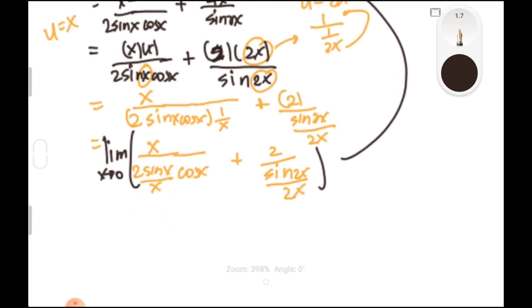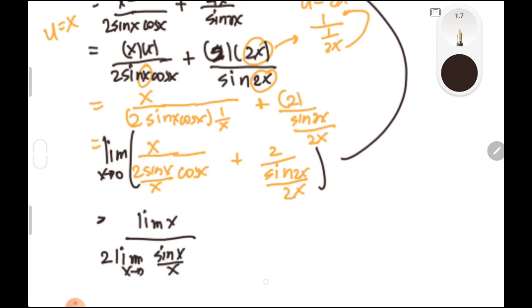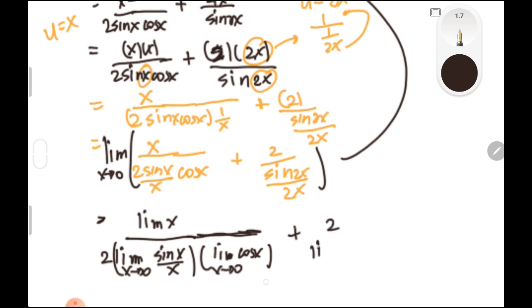Okay, so therefore we'll have the limit of x divided by the limit of, so we can take out here, sine x over x as x approaches 0 multiplied by the limit of cosine x as x approaches 0, plus 2 the limit of sine 2x all over 2x as x approaches 0.